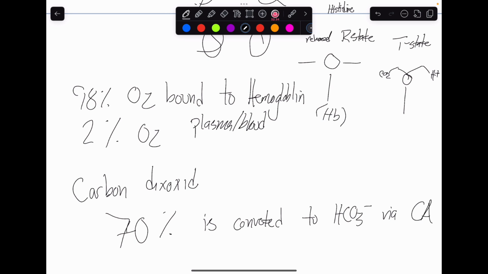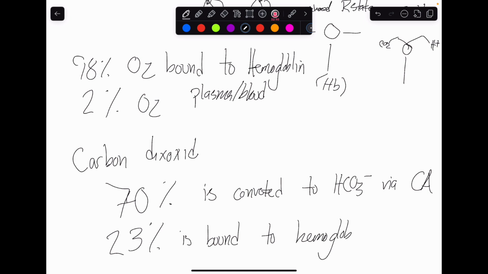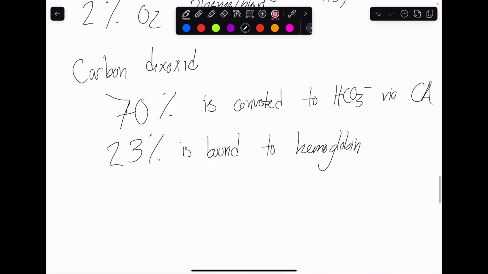About 23% is bound to hemoglobin. And then about 7% is dissolved in the blood. So, fun stuff.